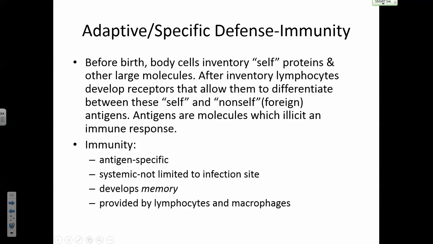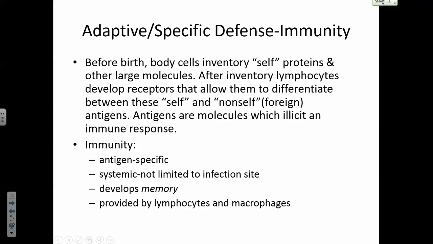So it's systemic, whereas those non-specific defense mechanisms pretty much were localized to the area where the pathogen is, like a mucous membrane or the skin. And then the coolest thing of all about the immune system is that it develops memory. We'll talk about what that means as we go through the action of the different lymphocytes. But you all know there are certain diseases that if you get them once, you'll never get them again. We'll talk about why. That's because the immune system develops memory, and we'll look at that.